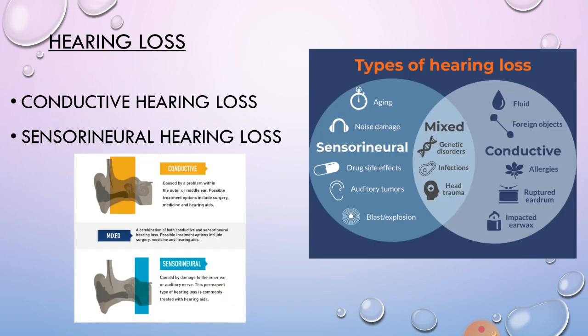Now, the hearing loss can be conductive or sensory neural hearing loss. The conductive hearing loss results from anything in the external or the middle ear that interferes with conduction of sound or movement of the oval or the round windows, while the sensory neural hearing loss results from defects in the pathway from cochlea to the brain.